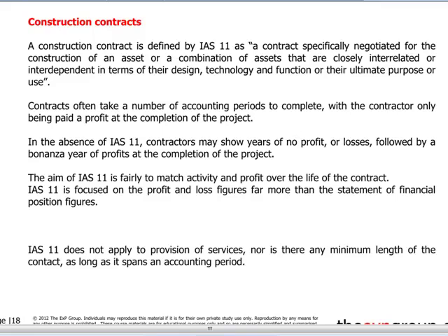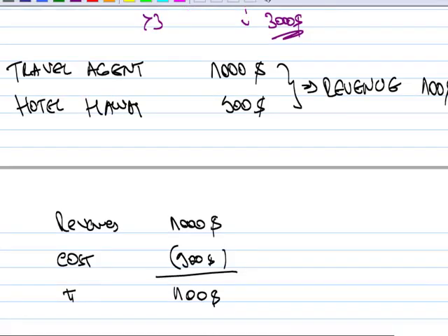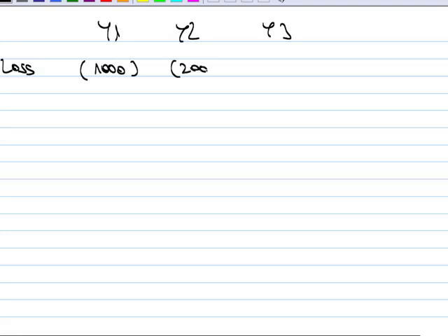So imagine yourself, you are a constructor, and for 3 years in a row your financial statements will show, I don't know, loss of 1,000, loss of 2,000, and boom, a profit of 10,000. So in terms of relevant, useful, comparable information, we do not actually fulfill either of them.